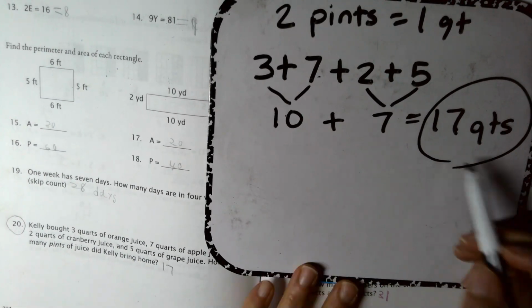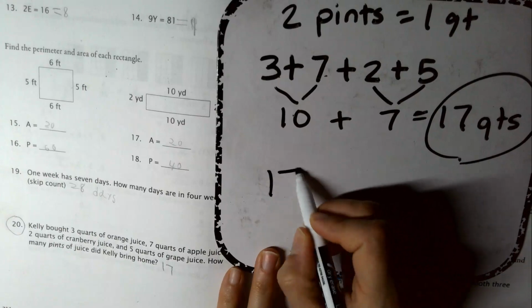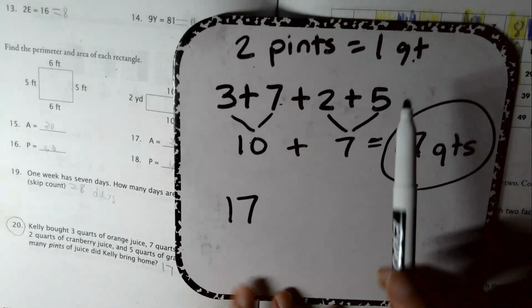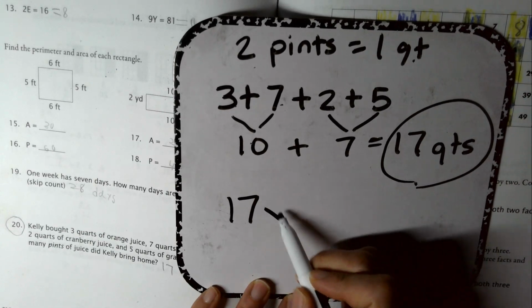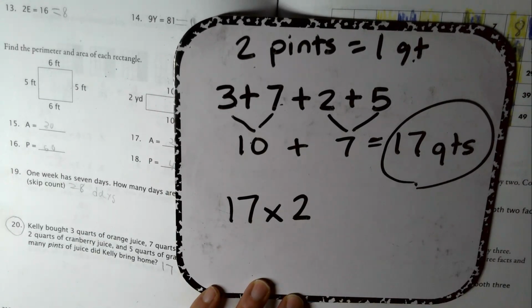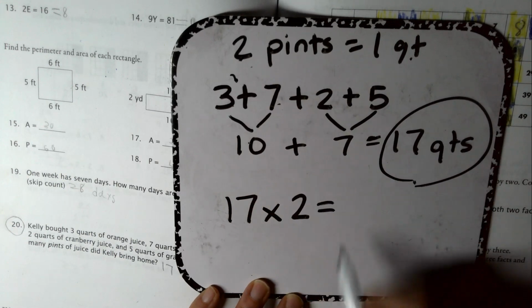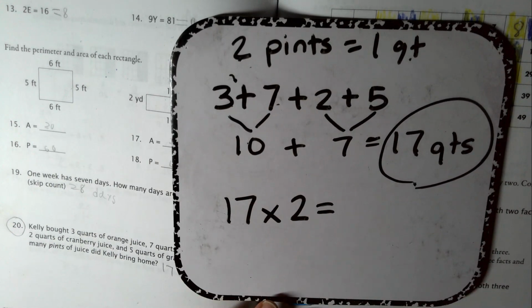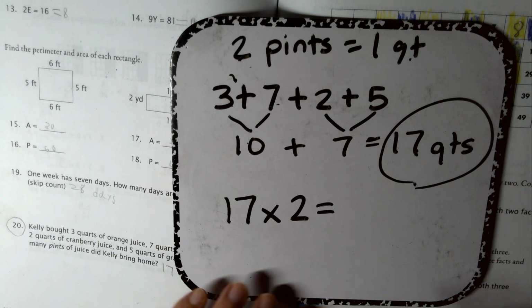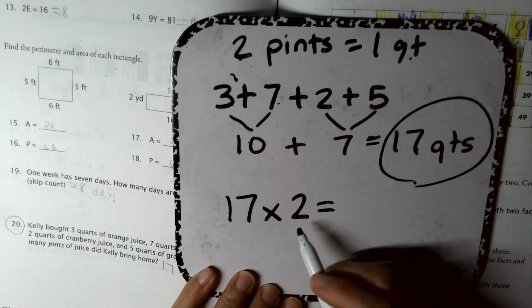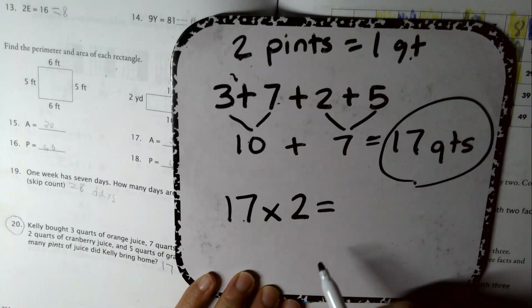So now we have to take this because we know that there is 2 pints in 1 quart, and we have to multiply by 2. Because this is quarts, we multiply by 2 to get to pints.